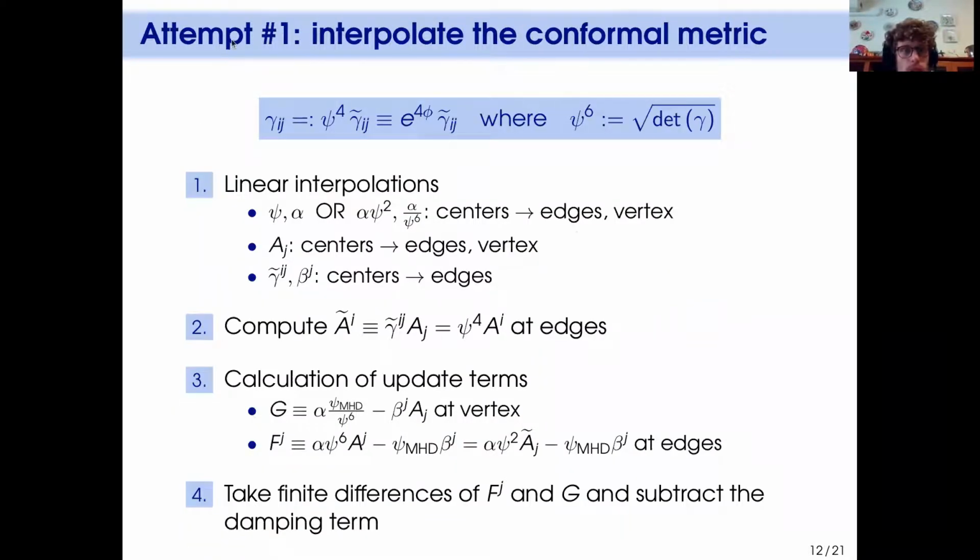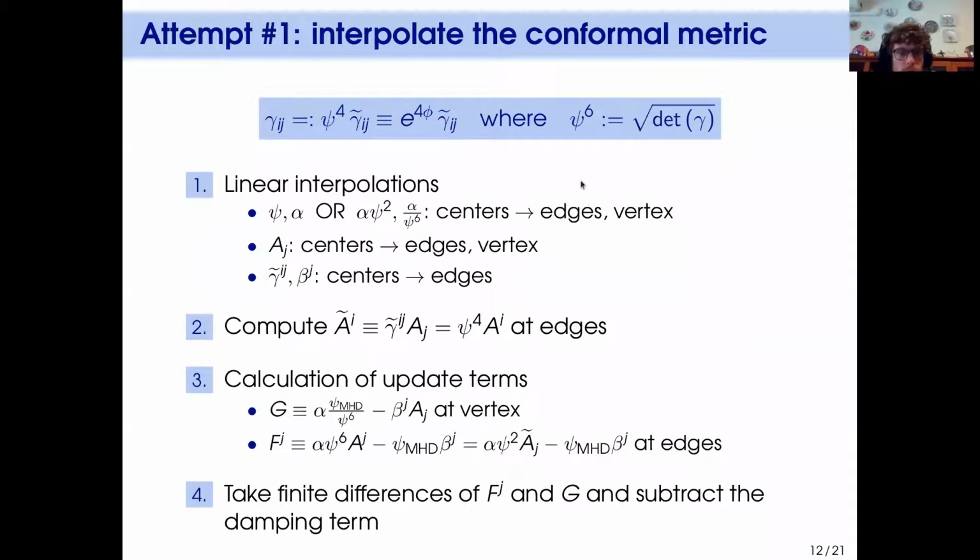So the first thing we tried was to interpolate the conformal metric rather than the physical metric. So the conformal metric is defined by these expressions, where psi is the conformal factor of the BSSN evolution scheme. And we decided to interpolate either psi and alpha, or alpha psi square and alpha divided by psi to the 6. You will see why we chose this variable in a moment.